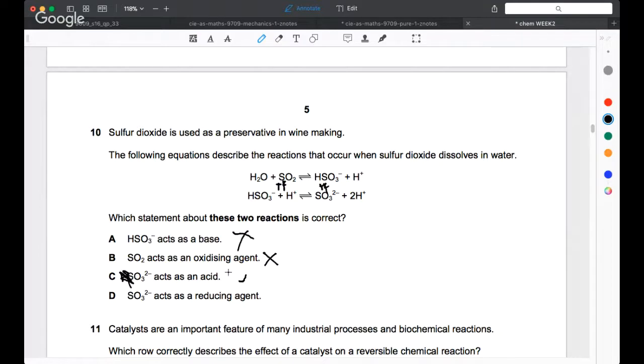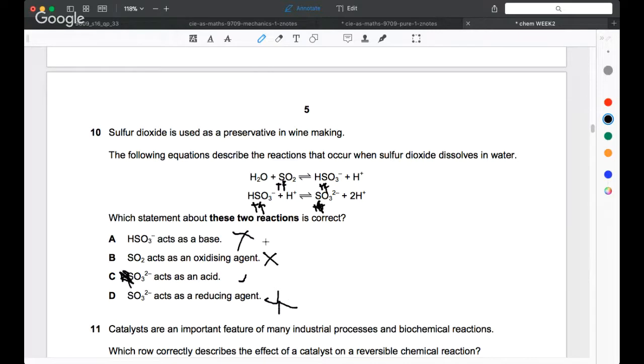So that's not acid. Then as a reducing agent, is there any oxidation number change? No. So it can't be D, and the discrepancy lies between A and C.